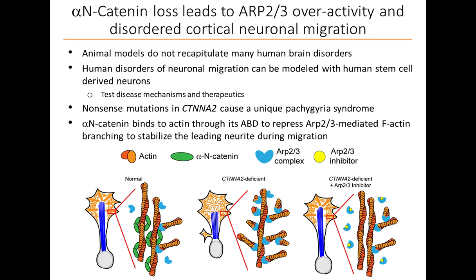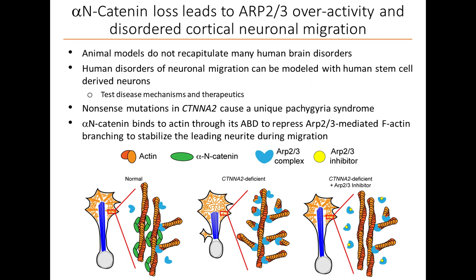So in summary of what I've showed you thus far today, animal models have significant differences in brain development that may make them unsuitable models for certain human disorders and diseases. A viable alternative that has been proven to accurately model human brain disorders is the use of human pluripotent stem cells, which have their own distinct advantages and disadvantages.